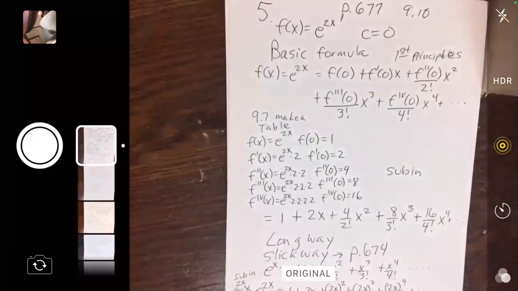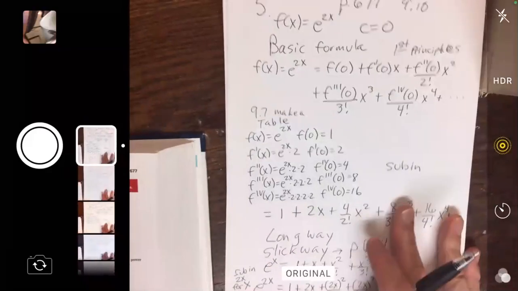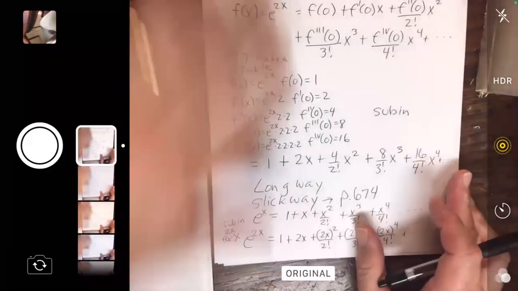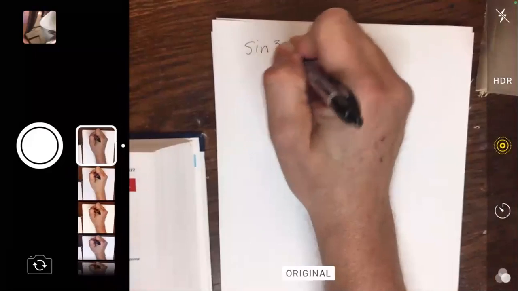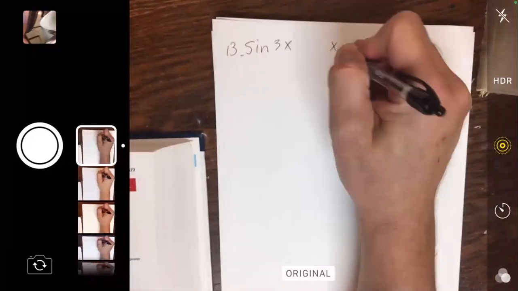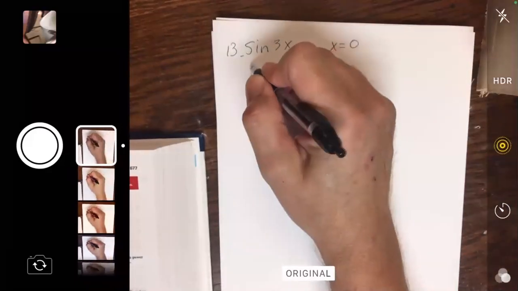Do you want to see any more examples? Like, look at sine of 3x, that's in 13. Again, the x is 0. Find a series.